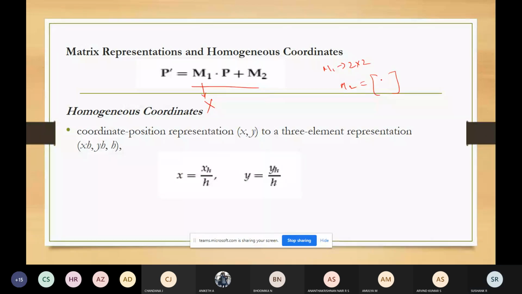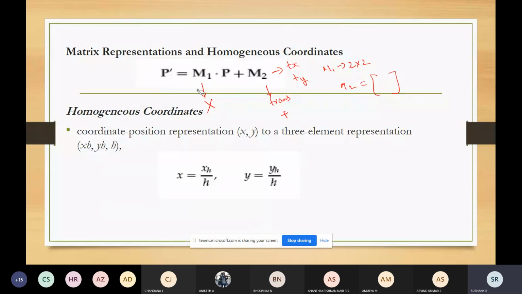It is for translation, which is the additive factor. Whenever the translation operation is performed, M1 becomes the identity matrix, and M2 contains the translation vectors Tx and Ty.